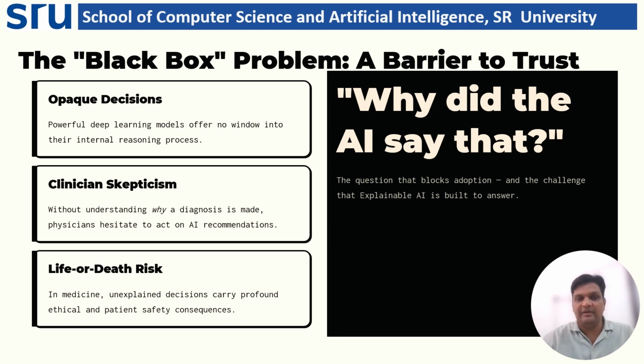Life or death risks: in medicine, unexplained decisions carry profound ethical and patient safety consequences. Why did the AI say that? The question that blocks adoption and the challenge that explainable AI is built to answer.